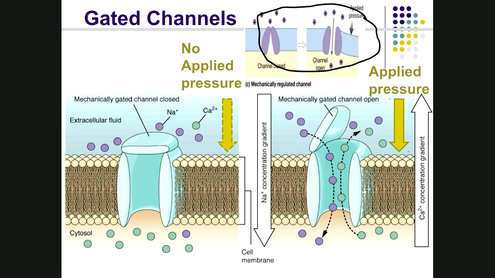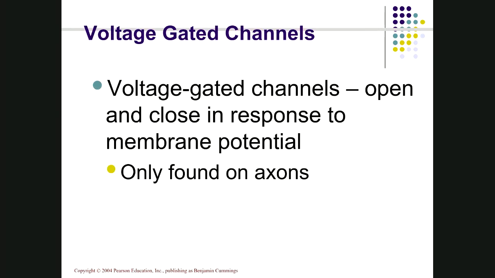And then finally, voltage-gated channels. Remember voltage? Voltage is a measurement of electricity, just like when you have a battery. If you think about a battery, you could have a 6-volt battery, a 9-volt battery. And a battery is a separation of charges, and the voltage tells you how much separation there is.